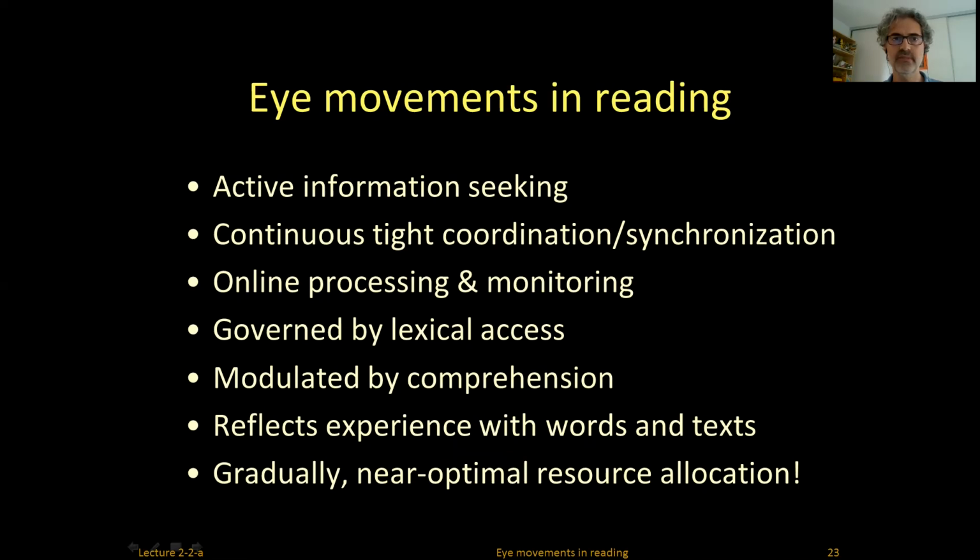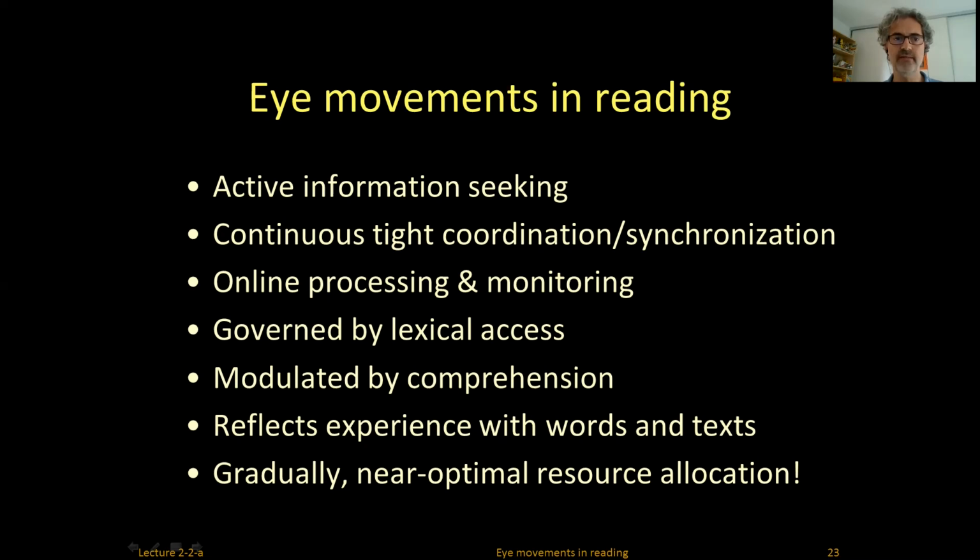The whole system is governed by lexical access, that is, by how long it takes to recognize the words and to retrieve their meanings, and is also modulated by comprehension. That means that whether we understand or not, or whether we need to reanalyze, can slow down or redirect our eye movements to gather the necessary information.